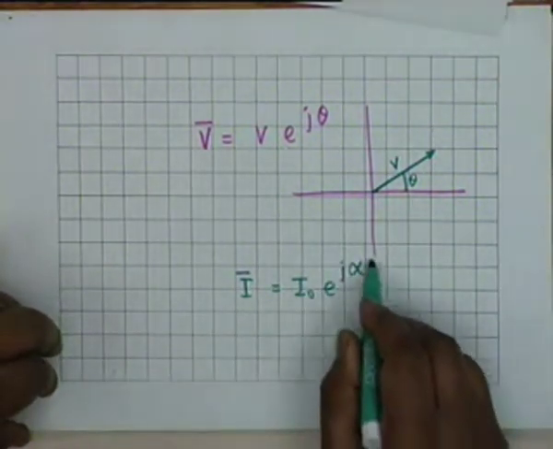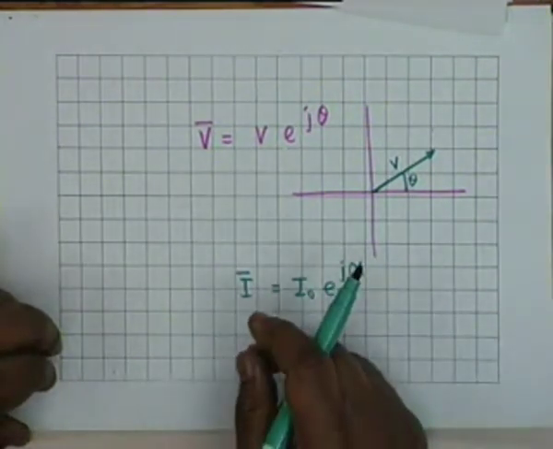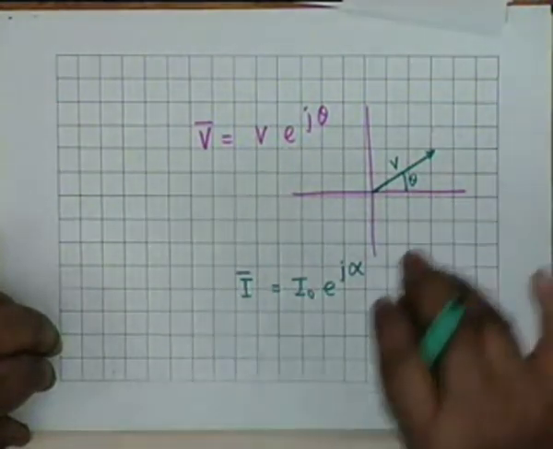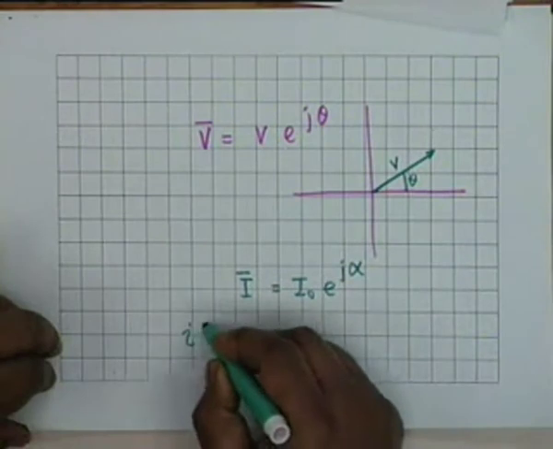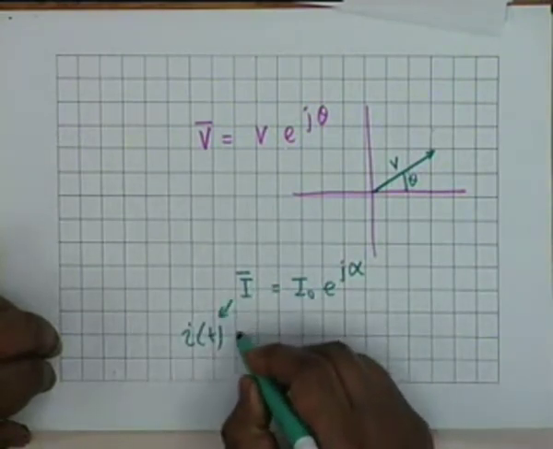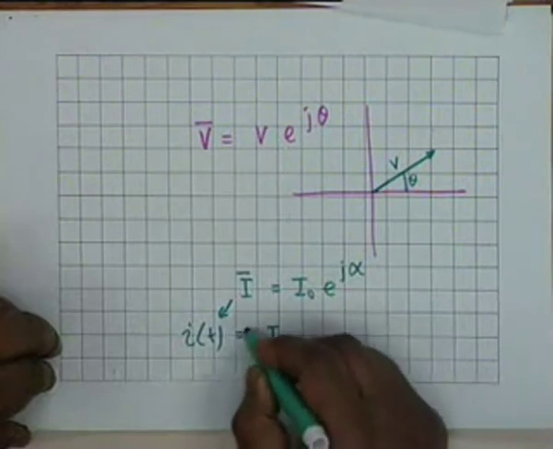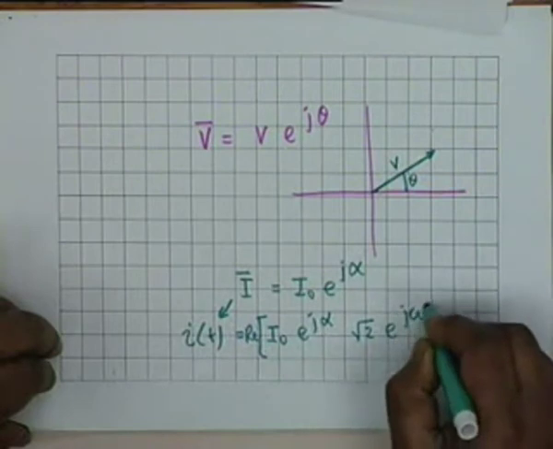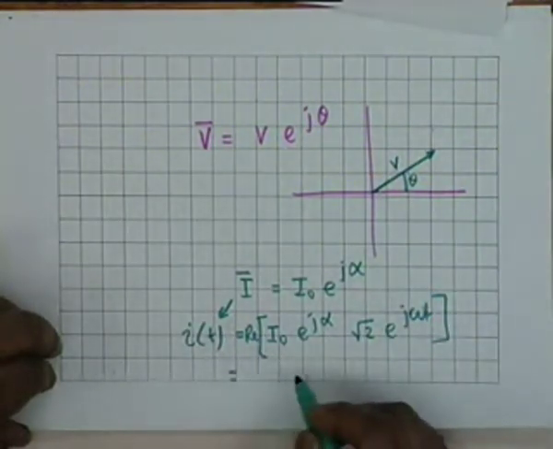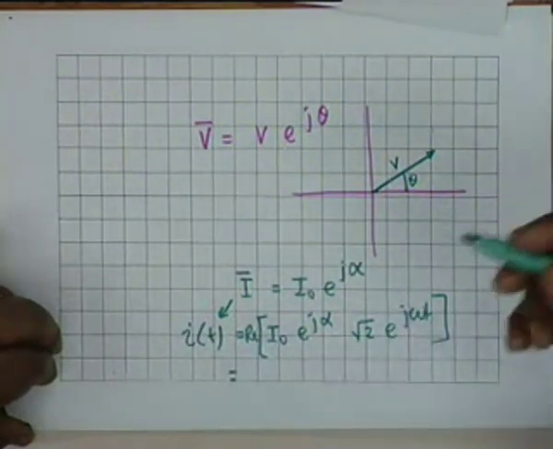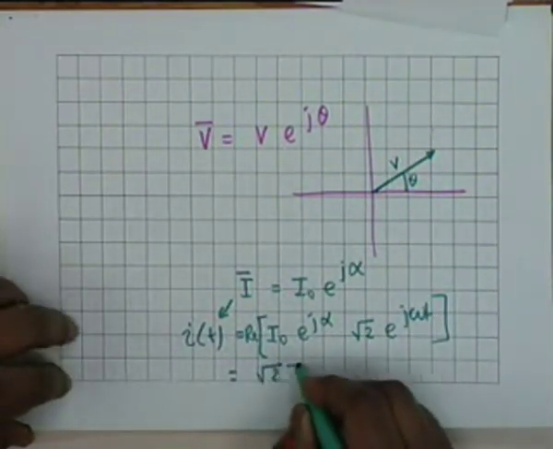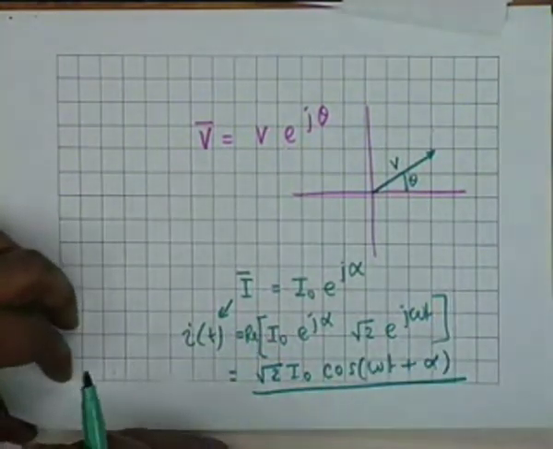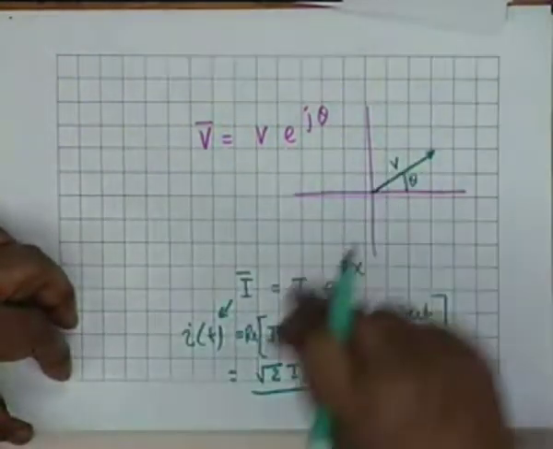Then the corresponding output current must be the real part of I_0 e to the j alpha times root 2 e to the power j omega t. That's how we can bring back the actual real quantity. So it will be root 2 I_0 cosine(omega t plus alpha). This would be the actual quantity that you will measure if you put an oscilloscope there.